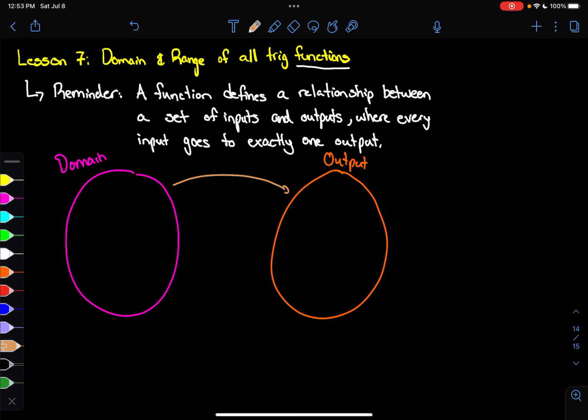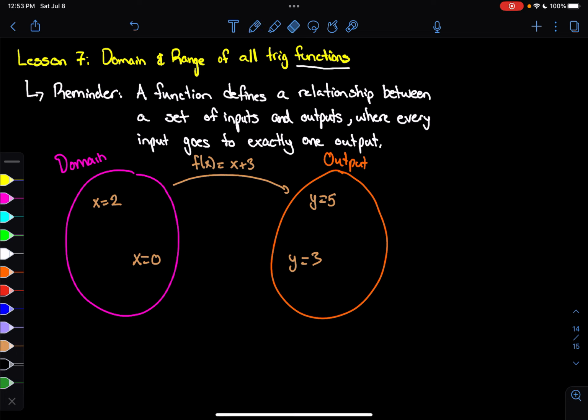So for instance, if we have the function f of x equals x plus 3, then if we have x equals 2 as part of our input, it's going to map over to y equals 5 over here. And if we have x equals 0, it's going to map over to y equals 3. And there'll be a little map that takes them over there, and so on and so forth.